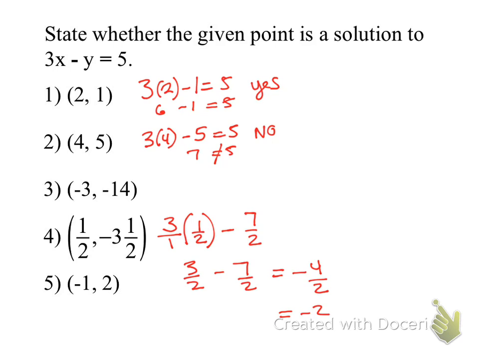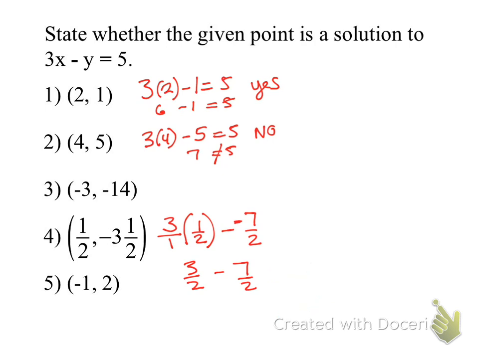Questions? Yes. The problem is 3x minus y, with negative 3 and 3 1/2. Shouldn't it be positive, because it equals 5, not negative? Oh, you're right. Sorry, I knew that didn't sound right.